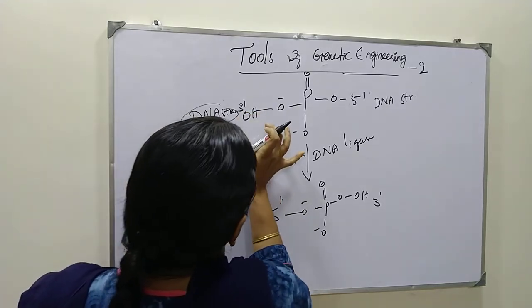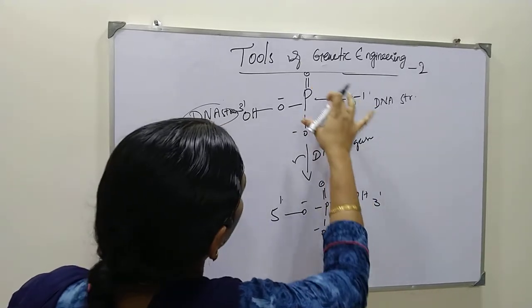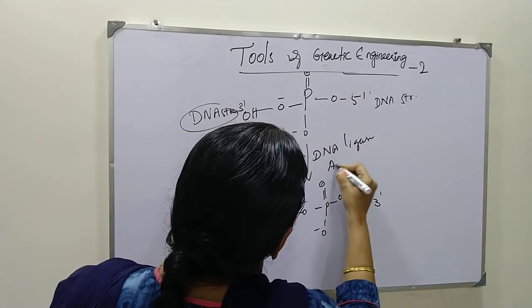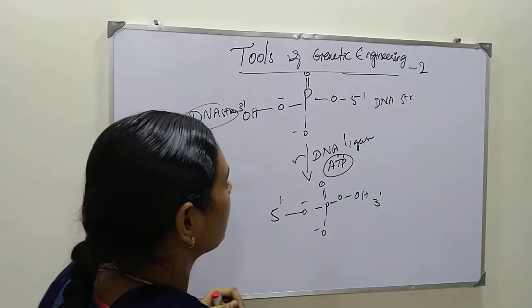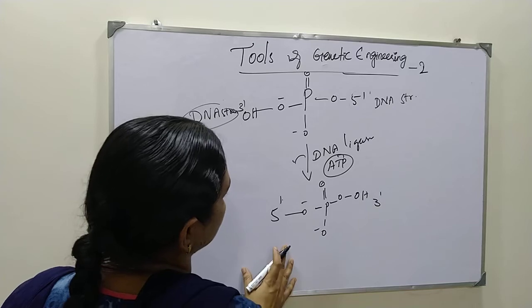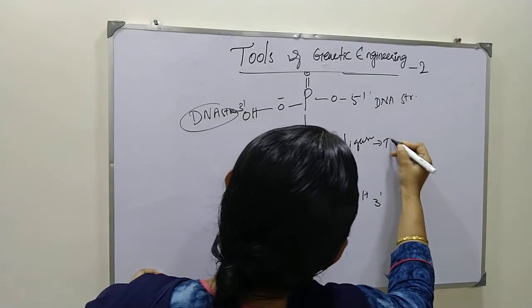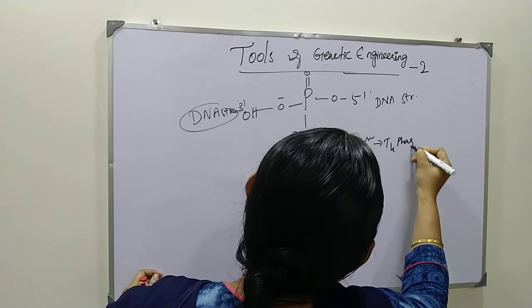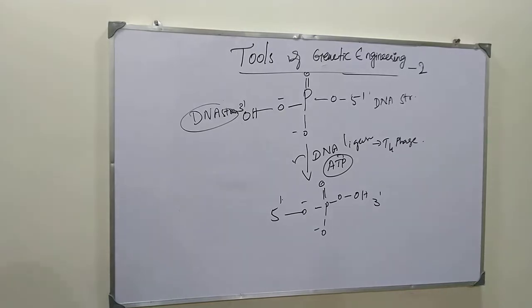This 3' OH will be connected with the 5' phosphate by the DNA ligase enzyme, and it is an ATP dependent enzyme. It needs ATP to ligate these two, so that you will get a continuous strand. This DNA ligase is taken from the T4 bacteriophage. This is about DNA ligase enzyme.